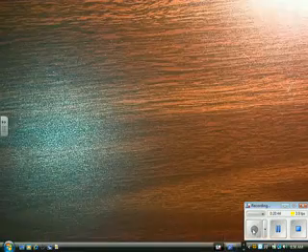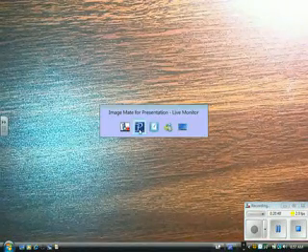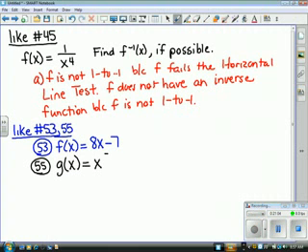Okay, we're going to try one more. See if you can write this one up. Okay, here is one like 55 then. X to the fifth. See what you can do with it.